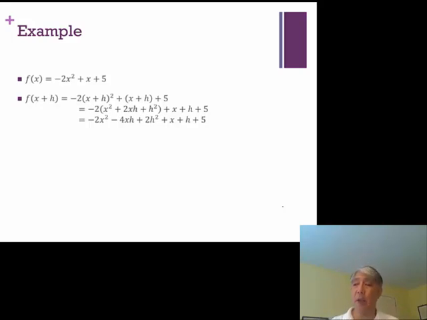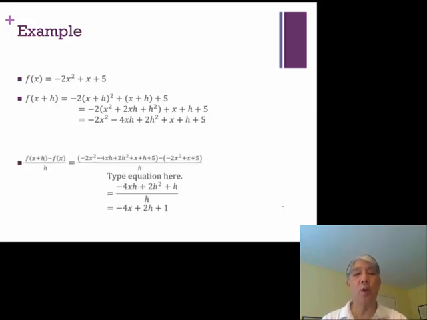But the magic of the difference quotient makes a lot of this disappear, because when I actually do f of x plus h minus f of x, a lot of things start to cancel out. In particular, I have the plus 5 here and the minus 5 here. That cancels. I have a minus 2x squared and the minus 2x squared. That cancels.